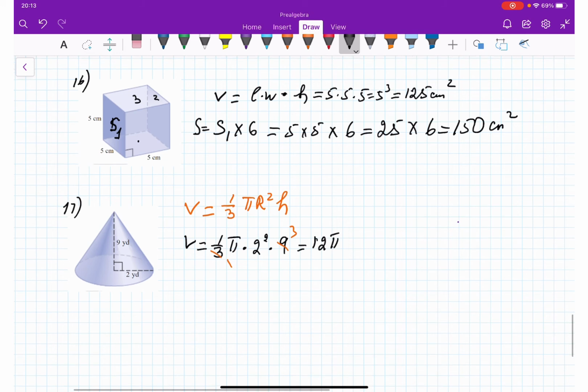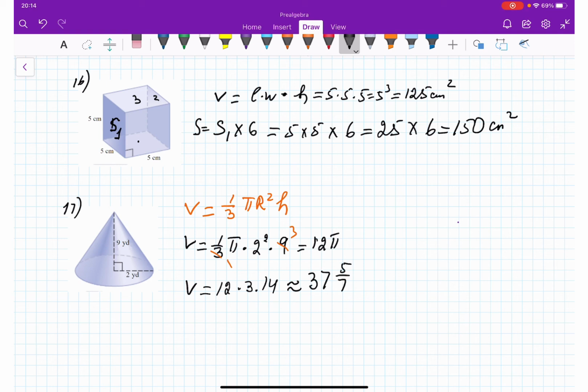Okay, and approximate value of volume, it's going to be 12 times 3.14, because pi is 3.14, and approximately it's going to be equal 37 and 5 over 7 cubic yard.